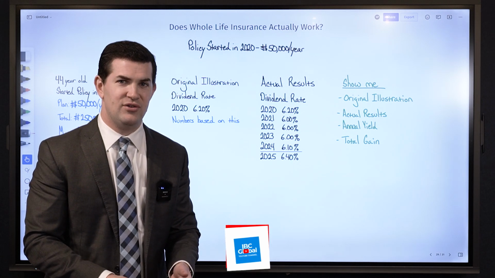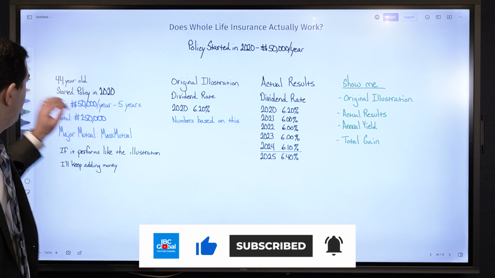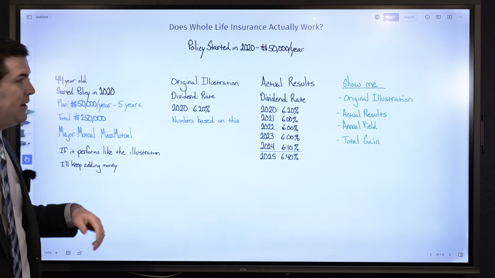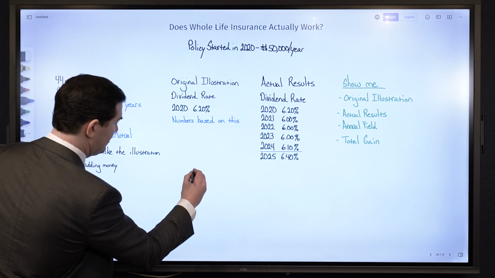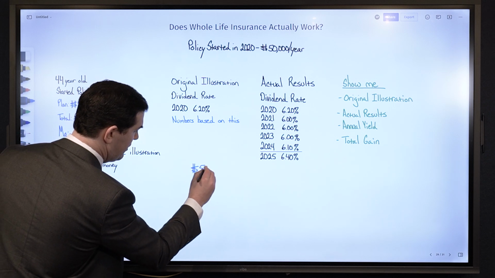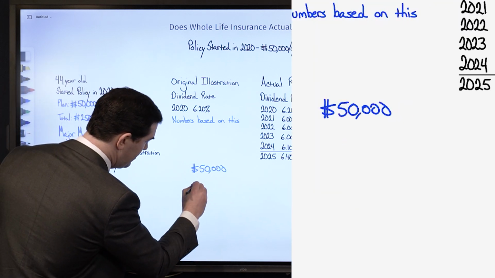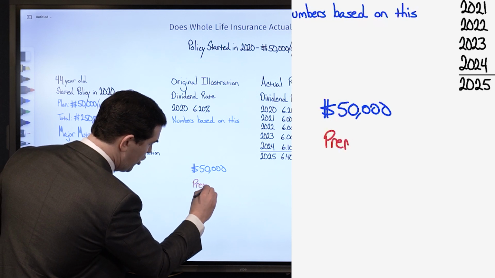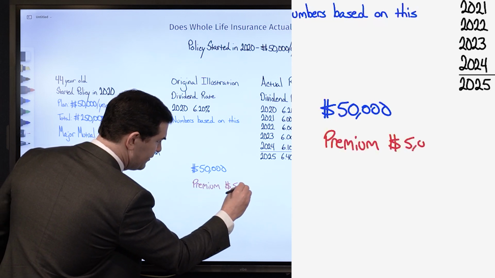So I'll close with this. What some people do is set up policies just like she had, but they might go with a different company, like Guardian, for example. And the reason why is if 50K is my cap, meaning the max I could pay in, I'll set it up where I'm only billed for $5,000 per year.